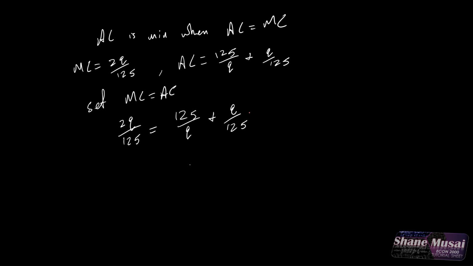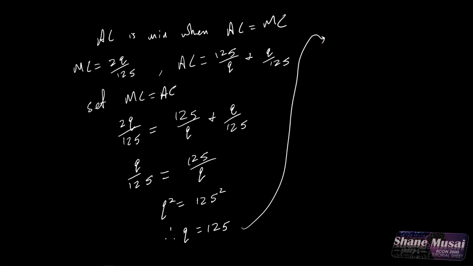You carry this across to the other side, and so you get Q over 125 equal to 125 divided by Q. You cross multiply, and you get Q squared is equal to 125 squared. Therefore, Q is equal to 125. Therefore, at Q equal to 125, we get the minimum average cost. But what is that minimum average cost?